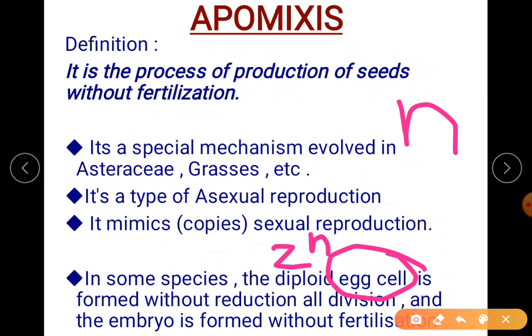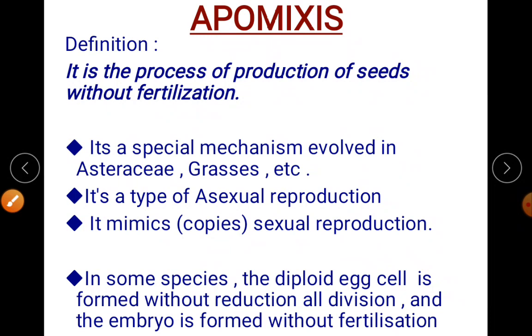So there are certain cases where the egg cell, the embryo sac formation remains diploid. Okay, because the nucellus, which has to form into your megaspore, the megaspore remains still diploid. This megaspore, without any further reductional division, it directly forms the embryo sac.